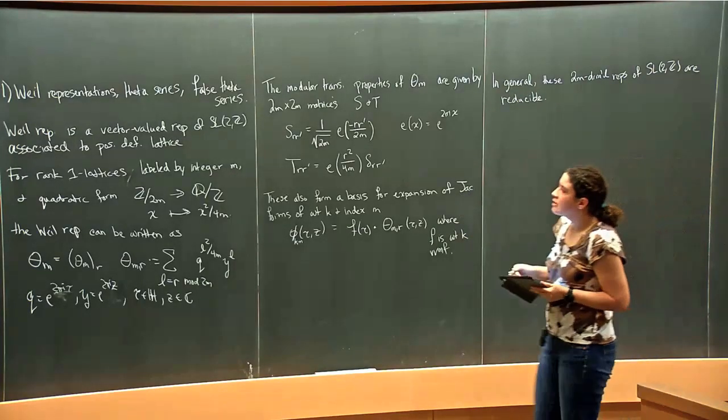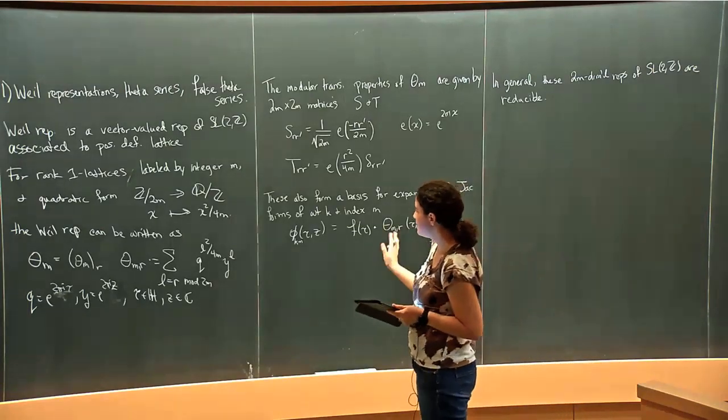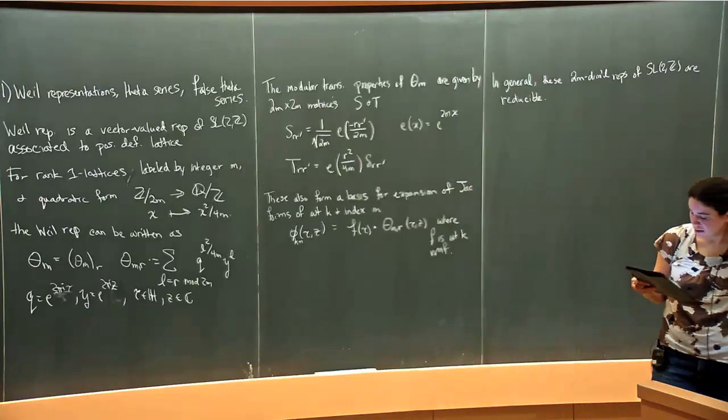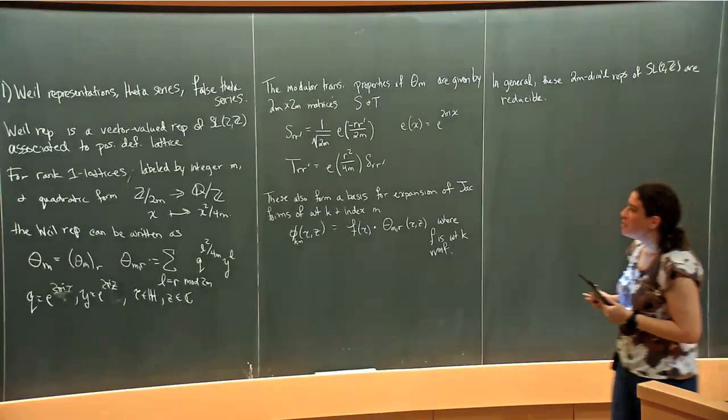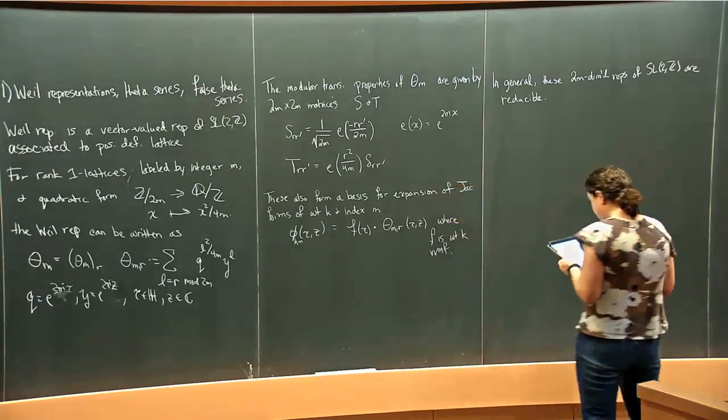And so I want to talk a little bit about the classification of irreducible representations, subrepresentations of these 2m-dimensional Weil representations. Because these will appear again later in many places.